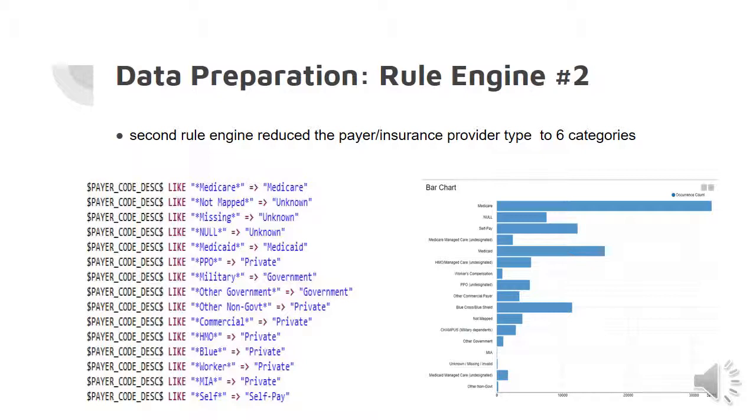So the main change that we applied was we grouped the different private insurance types into one category called private, and then there were several different government types of insurance that we grouped into government, and there were a couple of unknown, not mapped, missing that we grouped into unknown.